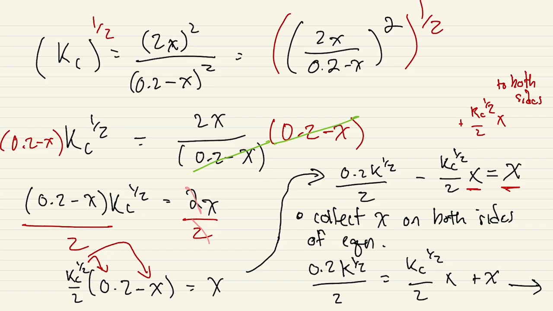Here, we factored this into the equation, and that put one of those next to each of these expressions. So what would the reverse look like if we were doing this on this side of the equation? What can we factor out? We can factor out x, and we'll have Kc to the 1/2 over 2 plus 1 in parentheses times x. So all we're doing is just the reverse of the step we did earlier.